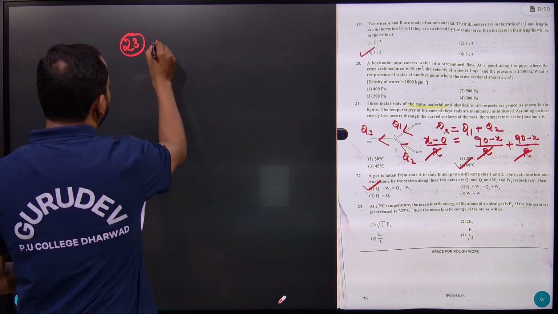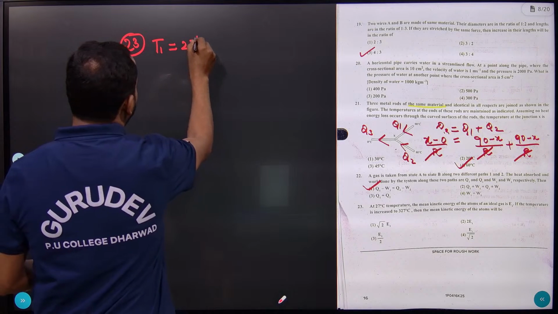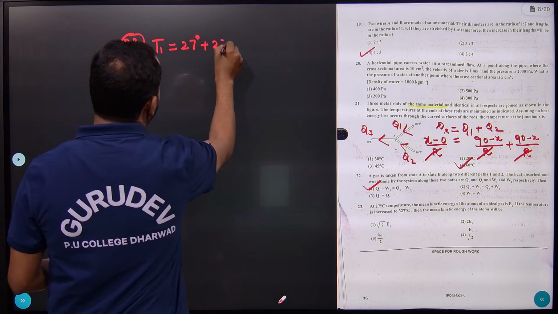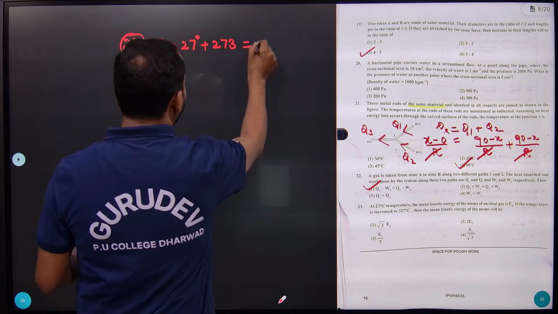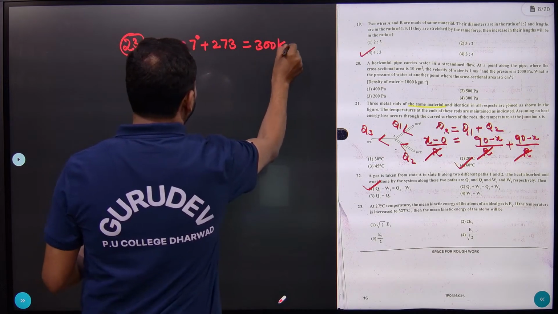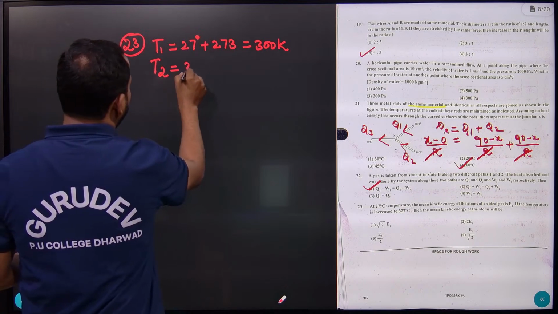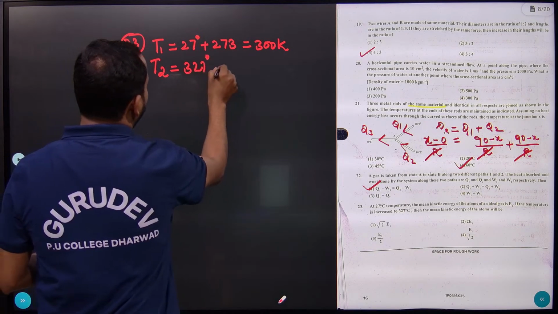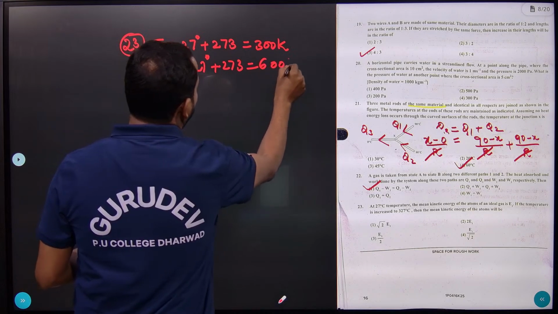First you write down temperature T1, which is equal to 27 degree Celsius, convert it into Kelvin, plus 273, which is 300 Kelvin. Similarly you can calculate T2, which is 327 degree plus 273, you get 600 Kelvin.